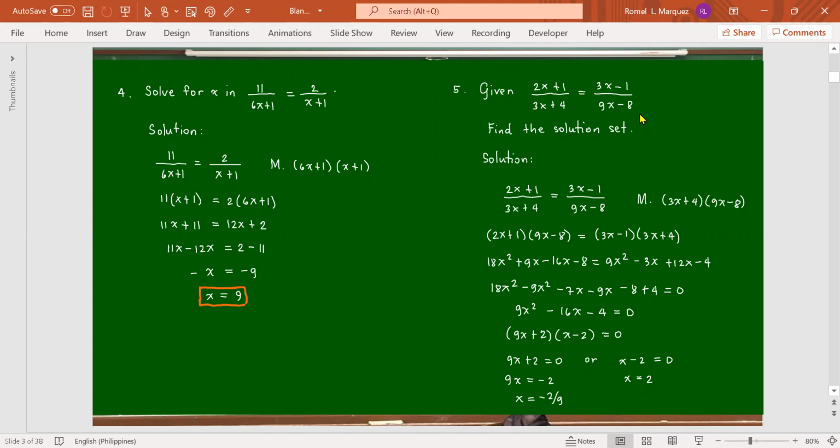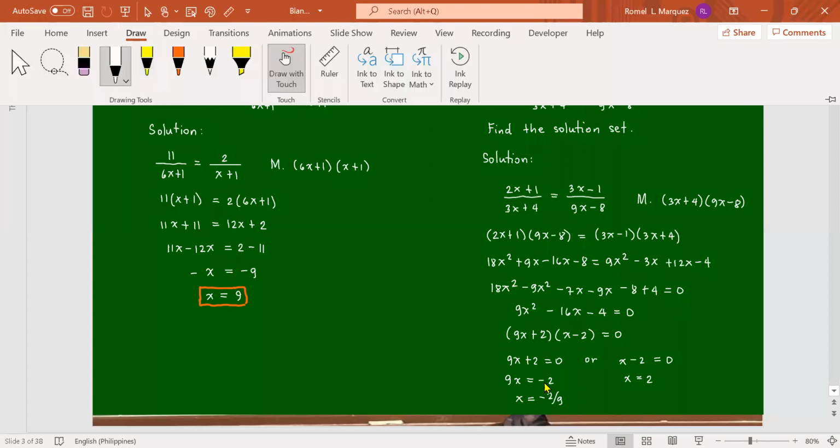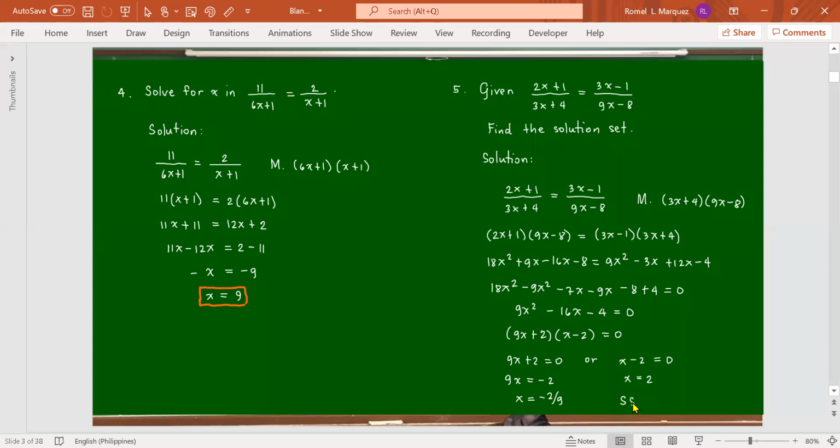The domain of the equation is the set of all real numbers except negative 4/3 and 8 over 9. Therefore, we are going to accept these values. The roots are negative 2 over 9 and x equals 2. So finally, the solution set is a set containing negative 2 over 9 and 2.